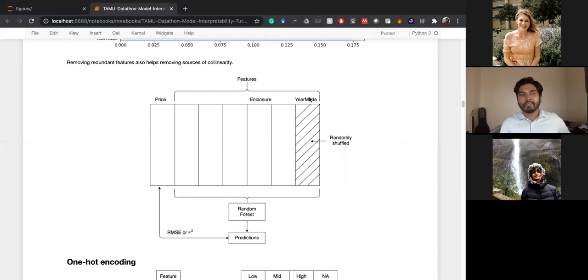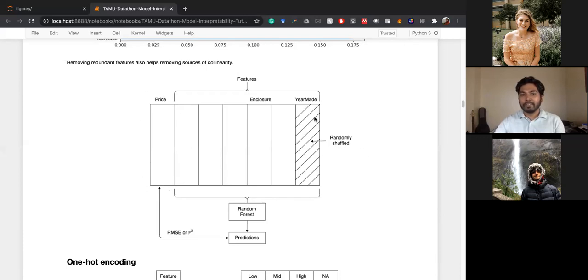Yeah, I mean the row by row. If you shuffle the data, you're basically breaking the relationship between the feature and the variable you're trying to predict. So you're trying to find out, if I destroy this variable, what impact will it have on my final prediction?